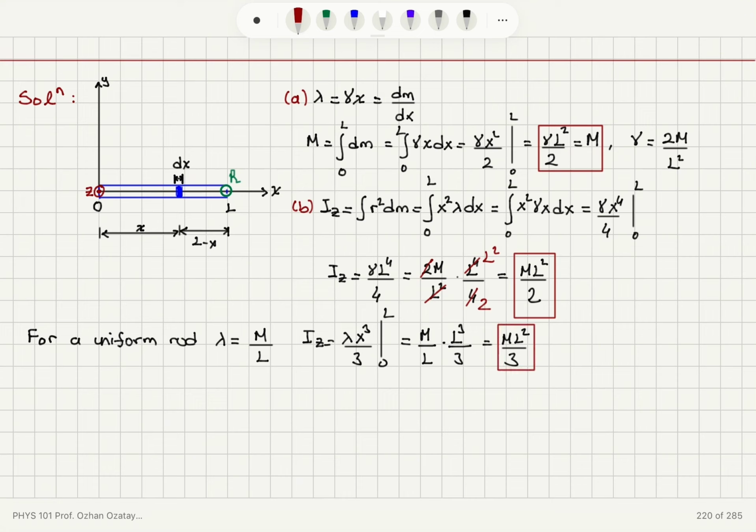So this is the uniform rod case. Let's compare the uniform rod and the non-uniform rod. For the uniform rod, lambda is equal to capital M over L, does not depend on x, in which case Iz is equal to M L squared divided by 3.